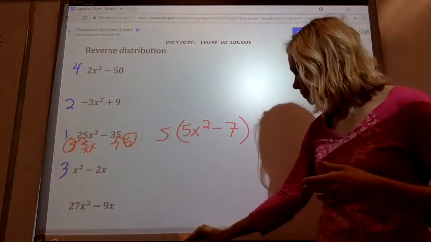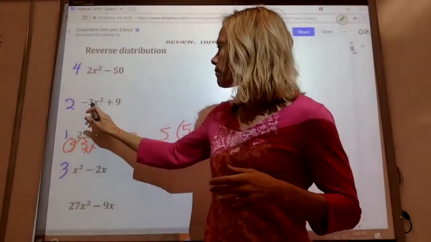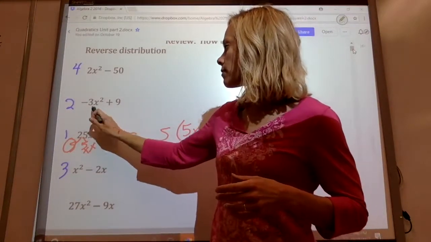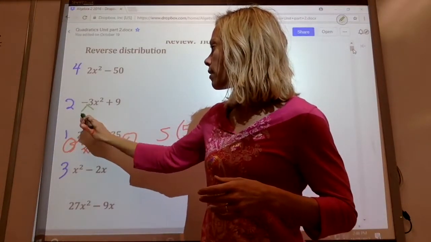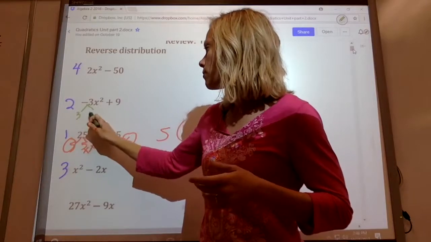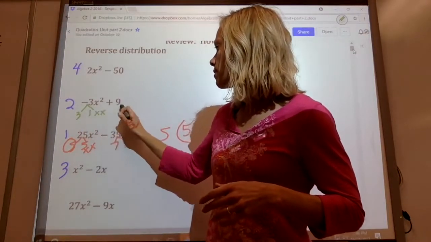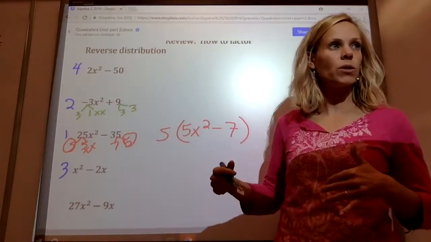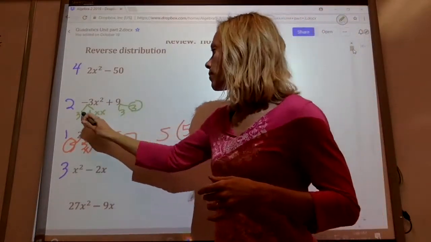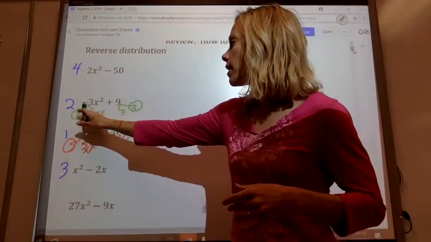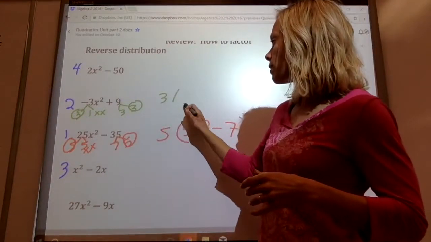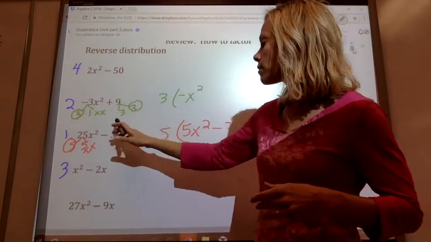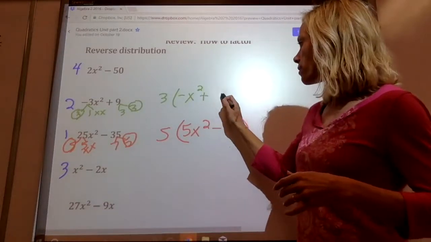Okay, let's try another one. So I have 3x squared and a 9. So we know 3 is 3 and 1, right, and 2 x's. 9 is 3 and 3, so what can I factor out of both terms? A 3, very good. So this negative's still there. So negative x squared plus 3. Okay.